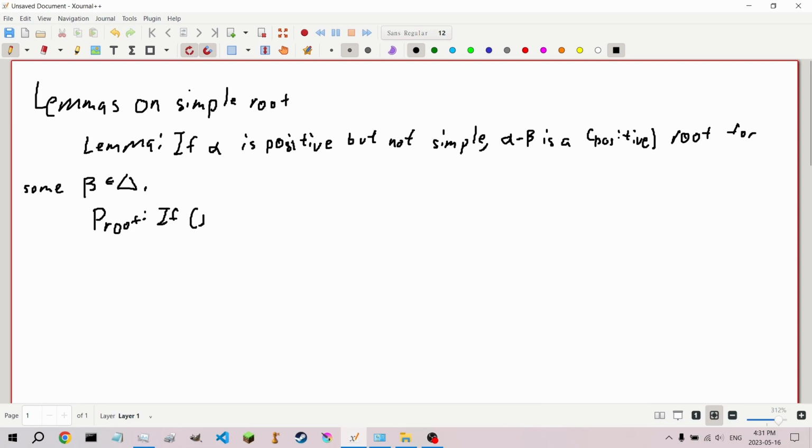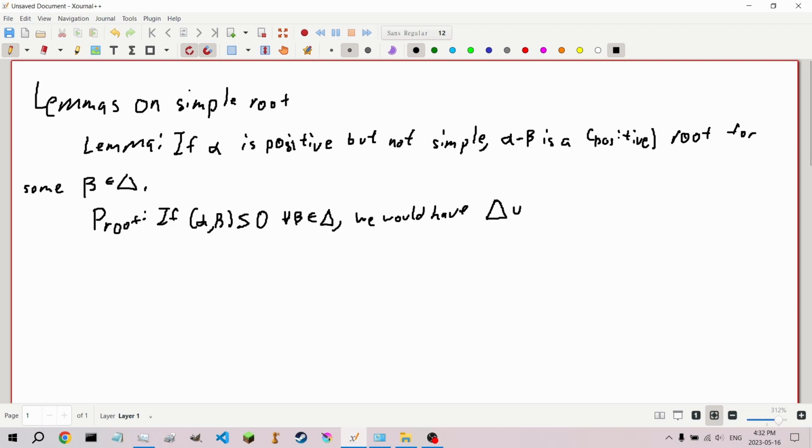If the form of alpha and beta would be negative for all beta in our base, we would have, based on our last proof last time, that the base of some gamma is linearly independent.